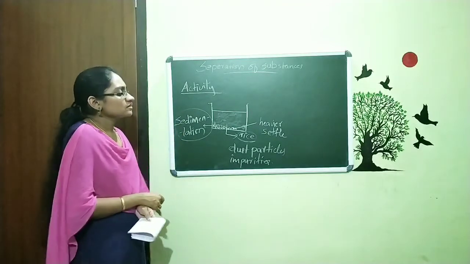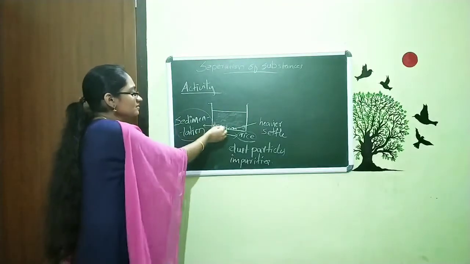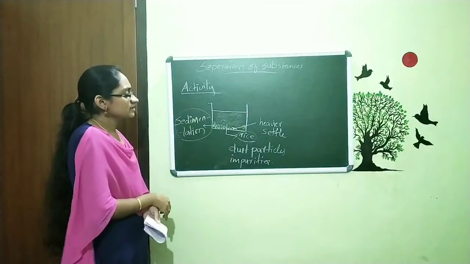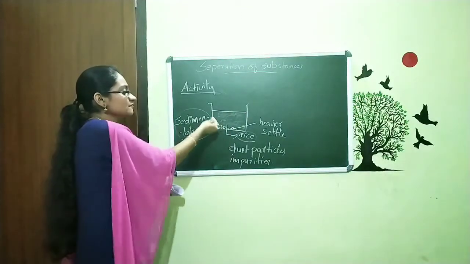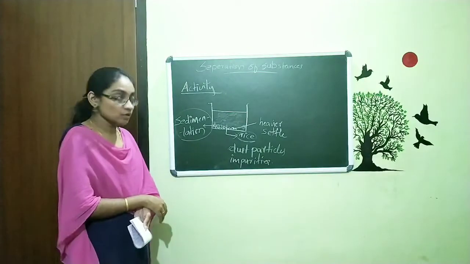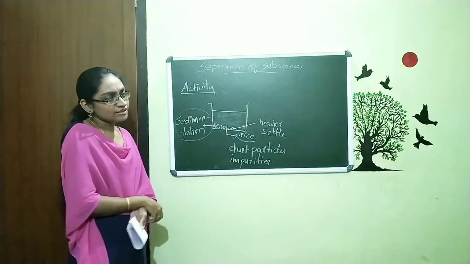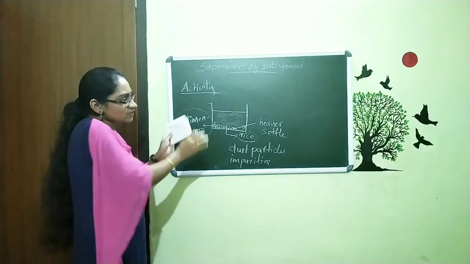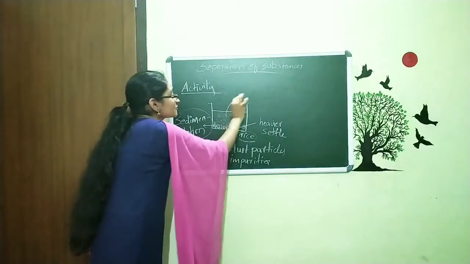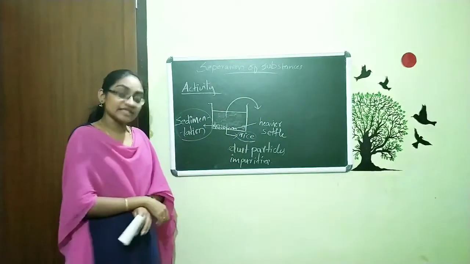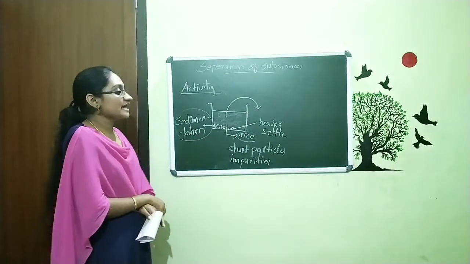And also, once the rice is settled, is it enough to separate the dust from the rice? No, we want to remove this water from this beaker. Now the question is, does the separation of water from this beaker have another name? It also has another name.